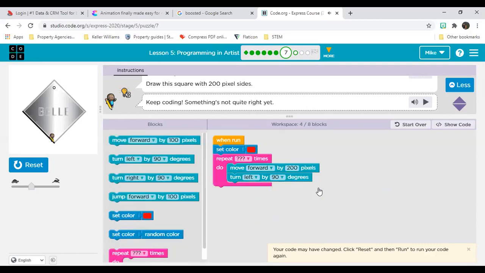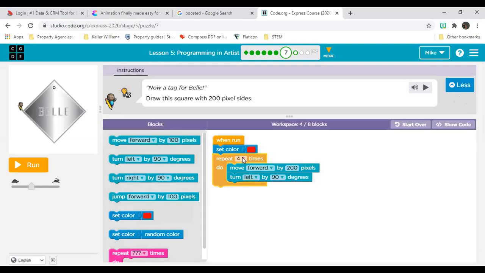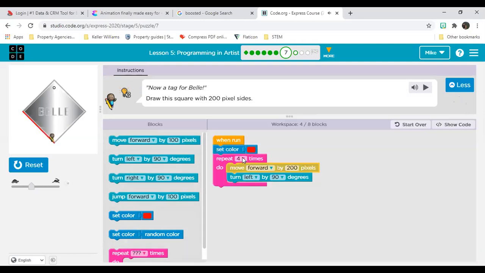Now look at our workspace. You can see over here, we have only used 4 out of 8 blocks. But I think if we repeat this 4 times and run, we will still complete our goal. Look at that. We only used half the amount of blocks that they wanted us to use.